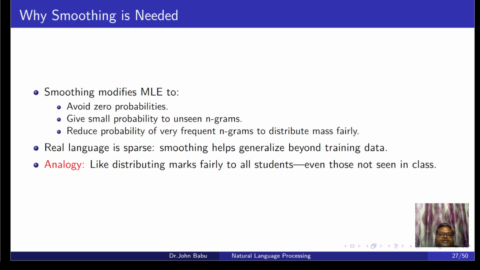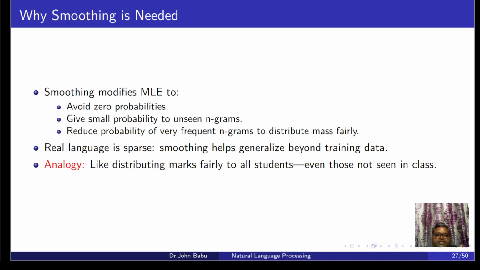So what is smoothing in the language model? Smoothing modifies the maximum likelihood estimation to avoid zero probabilities. It gives a small minimal probability to the unseen n-grams and reduces the probability of n-grams that are occurring very frequently, because that doesn't mean it has high probability.